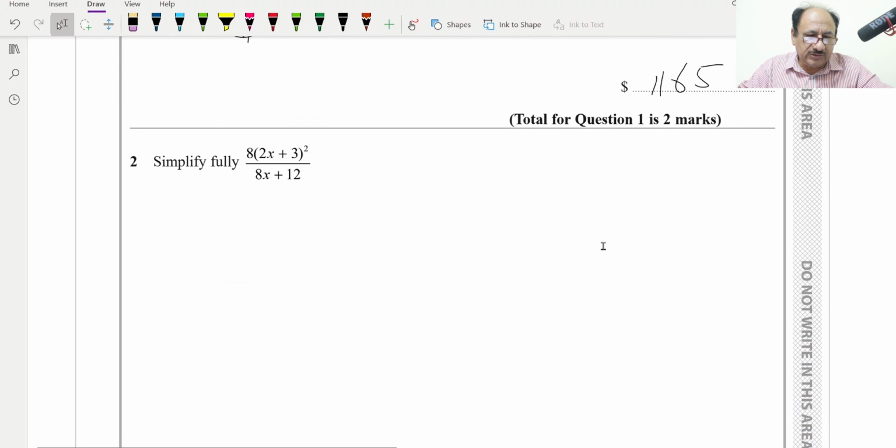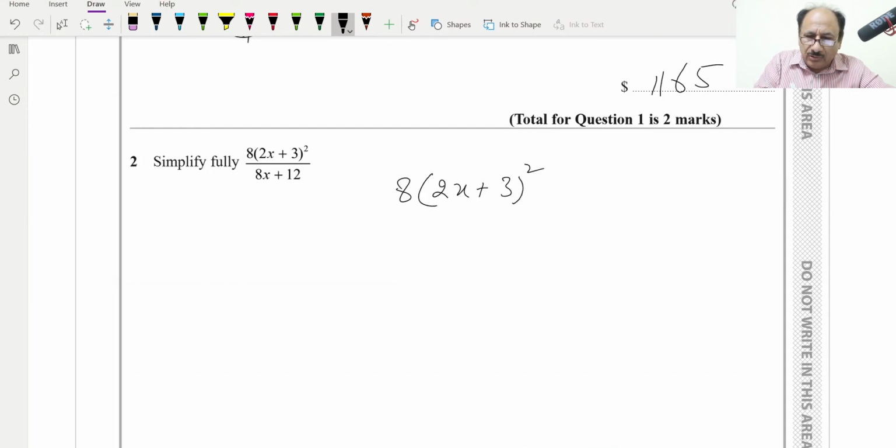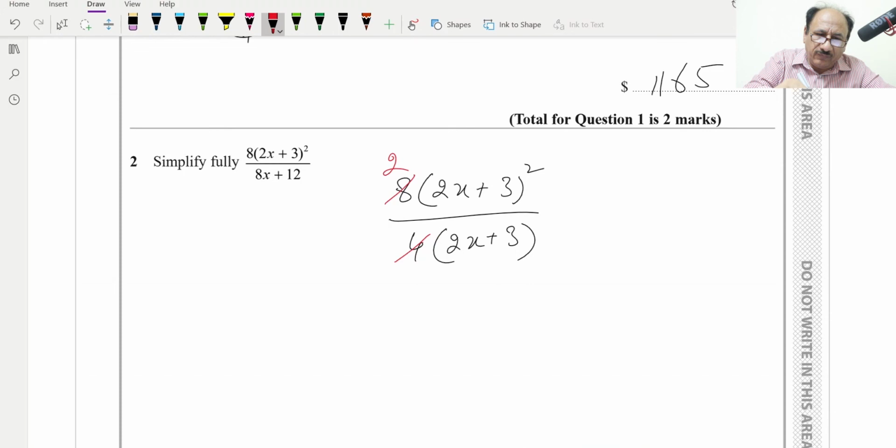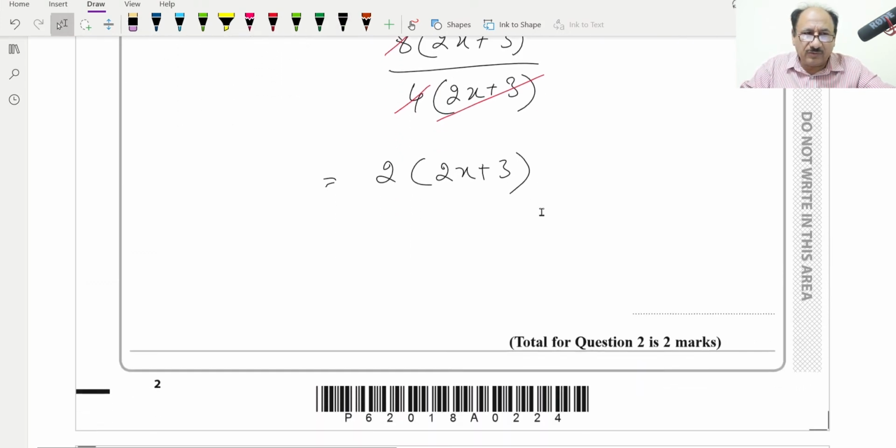Now question number 2, simplify fully. To simplify this one, we can take common from the denominator, and I will rewrite this as square over, taking common 4, so inside will be 2x plus 3, and this 4 we can cancel with this. 4 ones are 4 and 4 twos are 8, and similarly we can cancel this with the square, and remaining we can write here 2 into 2x plus 3, and this will be our final answer for this question.